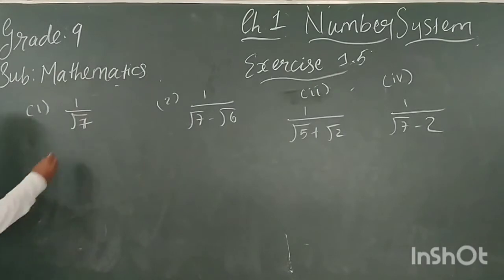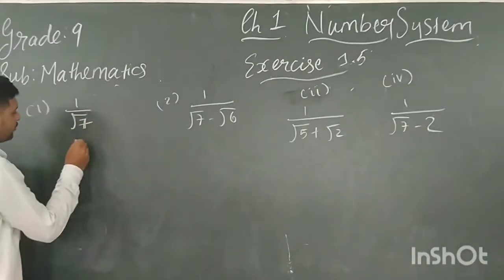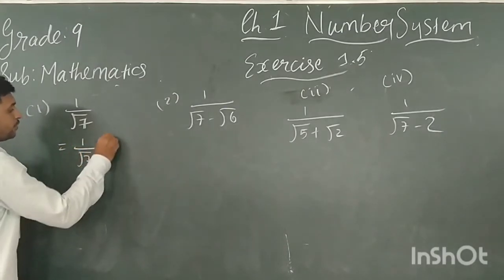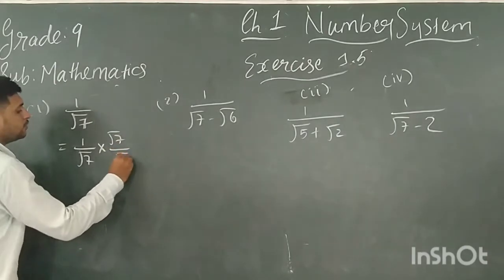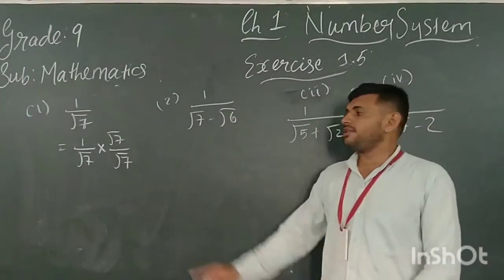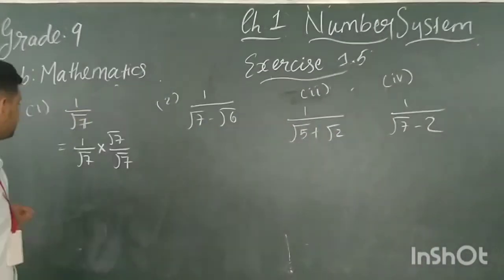We'll see it. So look at the denominator, root 7. What you can do is 1 upon root 7 into root 7 upon root 7. Here you don't need to worry about the sign because there is only one term, so just put it as given.